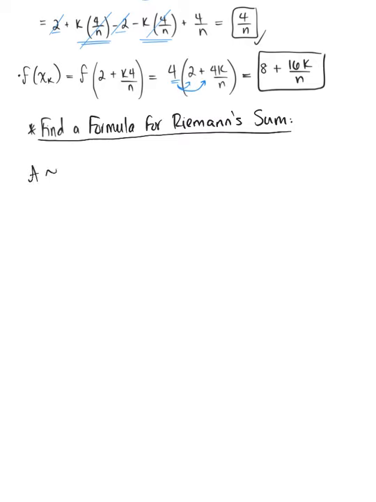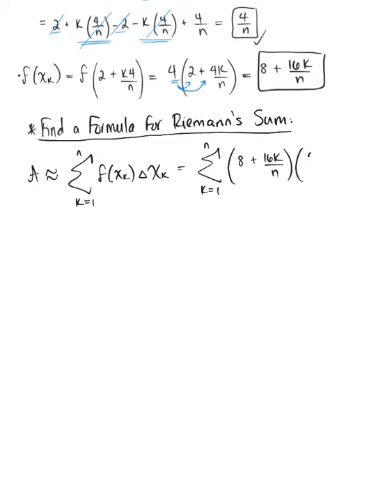So we know that the area is approximately equal to the sum from k is 1 to n of the height of that kth subinterval multiplied by the width of the kth subinterval. So this is the sum from k is 1 to n of the height we just found, 8 plus 16k divided by n, multiplied by the width, which is 4 over n.